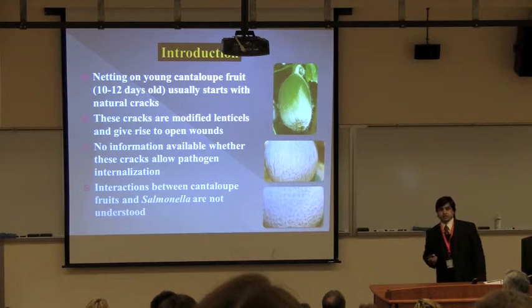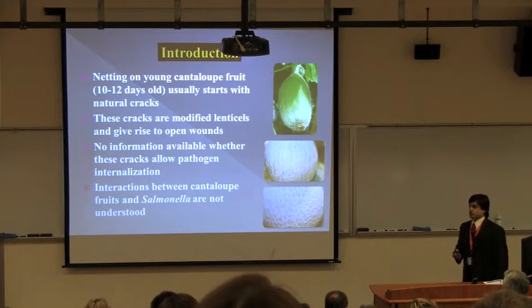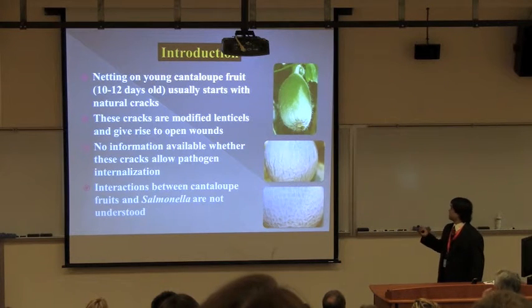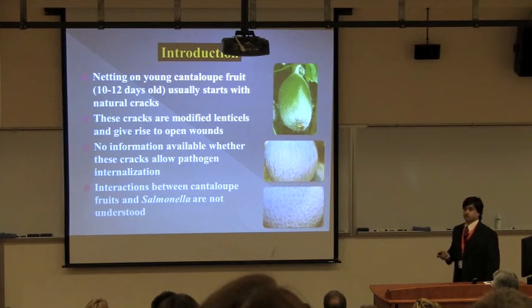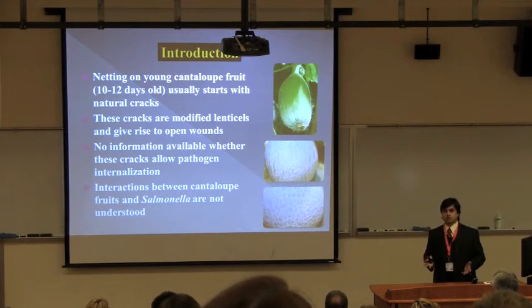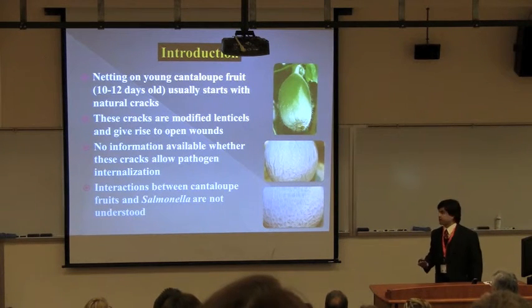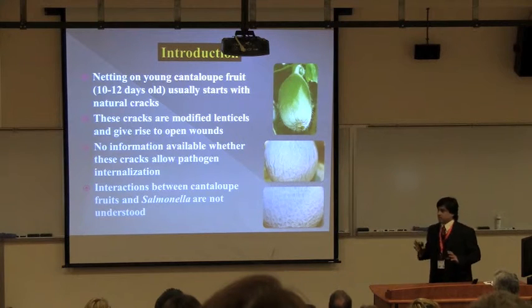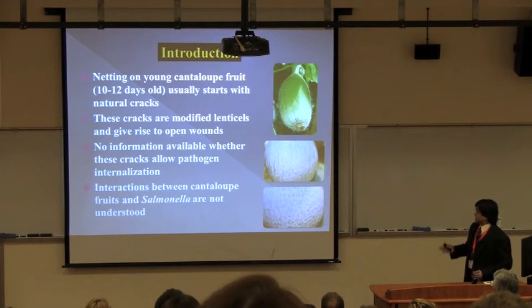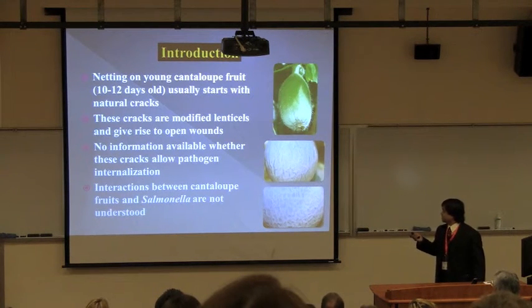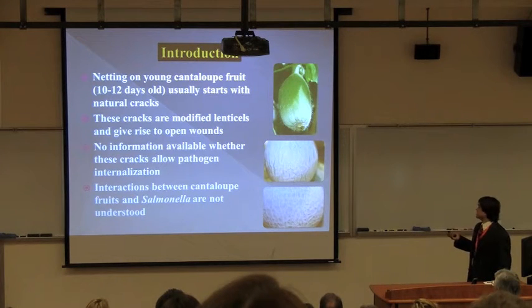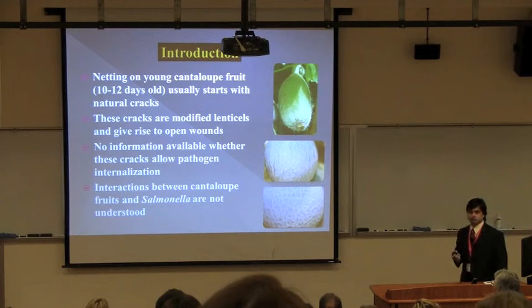When we see how the fruit develops, initially there's nothing on the fruit surface. It's very nice looking, shiny, or sometimes it has hairs on it. But later, at around 10 to 12 days, you can see these kinds of cracks on the fruit surface.